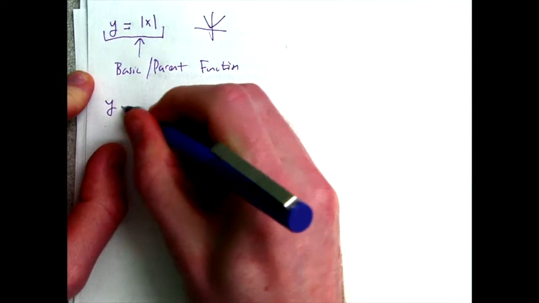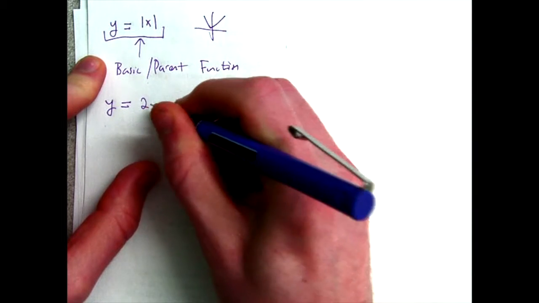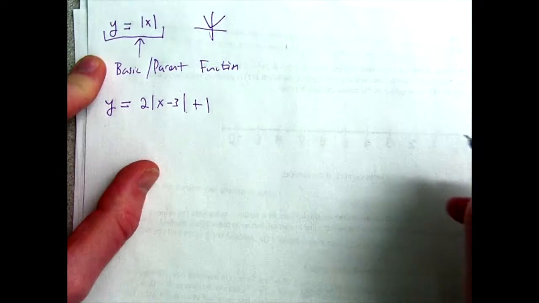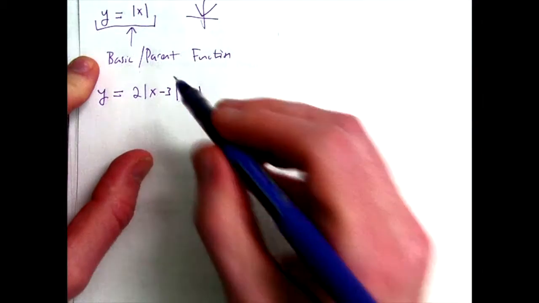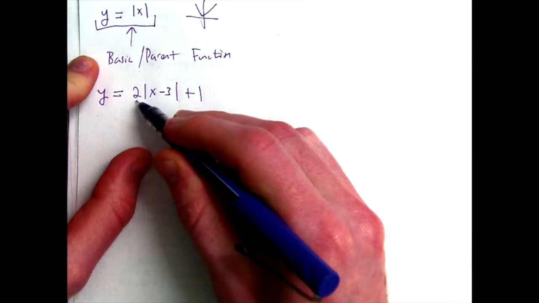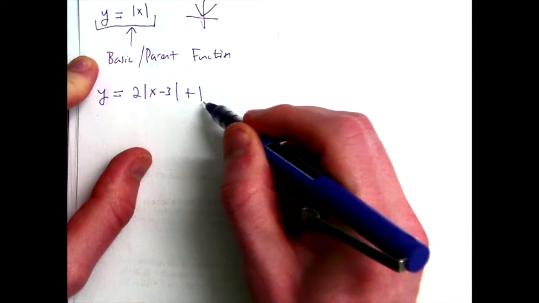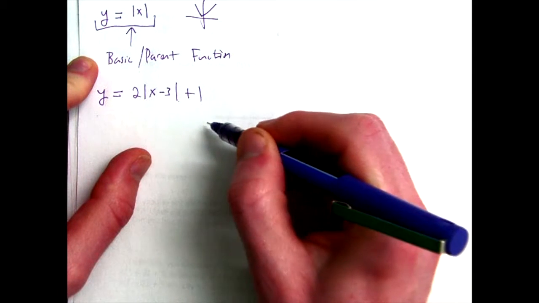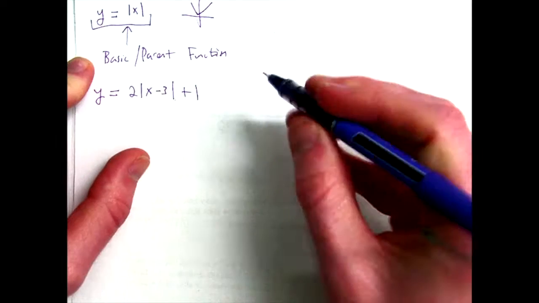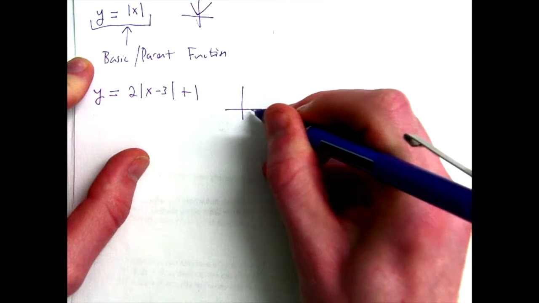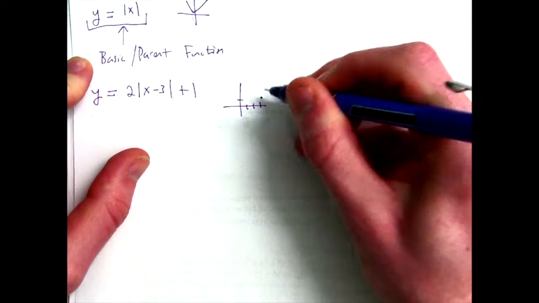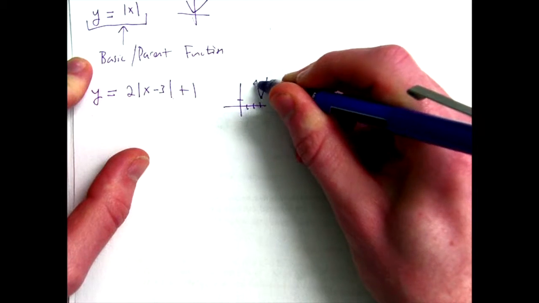For example, if I put a 2 in front of the absolute value function, and then a minus 3 here, and then a plus 1, what this would correspond to is a horizontal shift of 3 units to the right, a vertical stretch by a factor of 2, and a vertical shift up by 1. So parent functions and transformations applied, right? So this thing would look like, let's see, 3 units to the right, 1 unit up, and because of the vertical stretch, it would be kind of skinnier and taller, something like that.